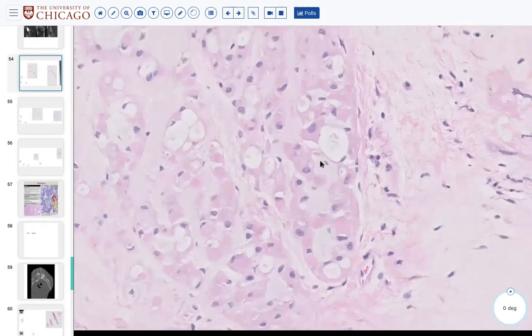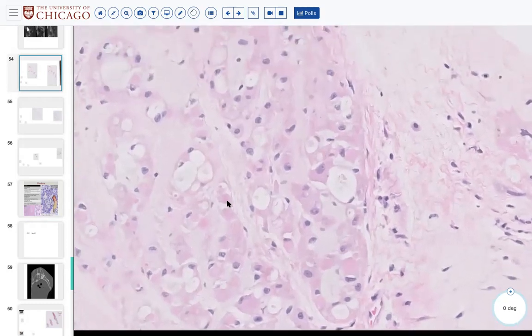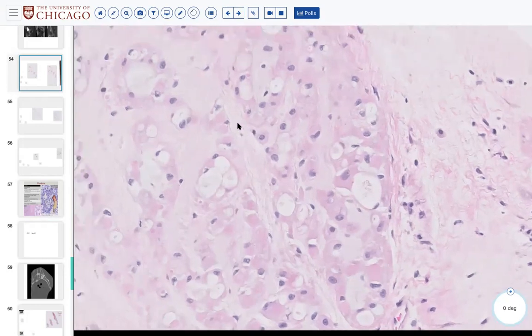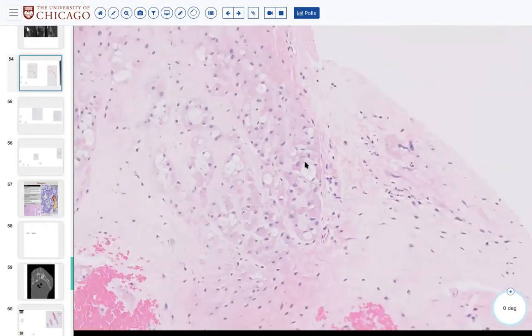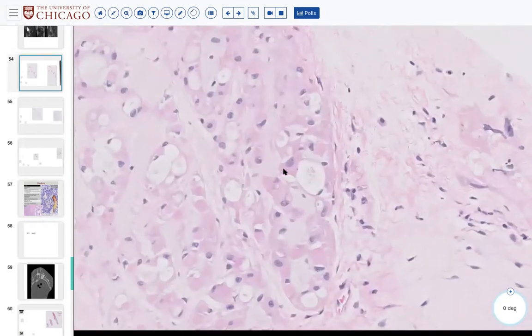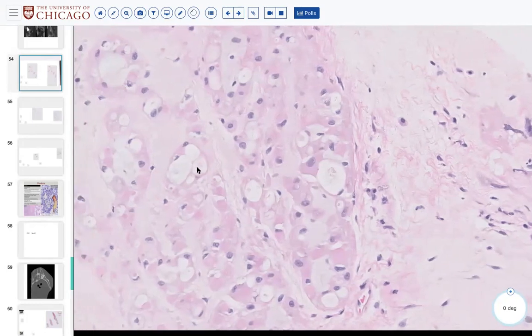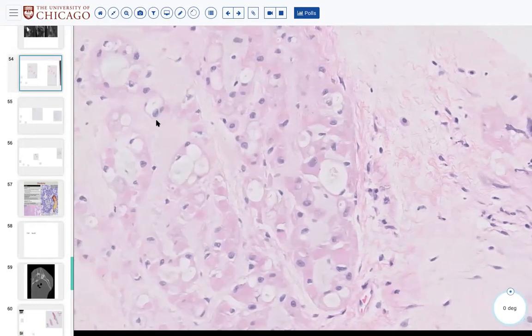Morphologically, yes, we have these single cells, nests, cords, even almost pseudoglandular spaces of very plump eosinophilic cells with oval nuclei, small nucleoli, and these intracytoplasmic vacuoles or bubbles.